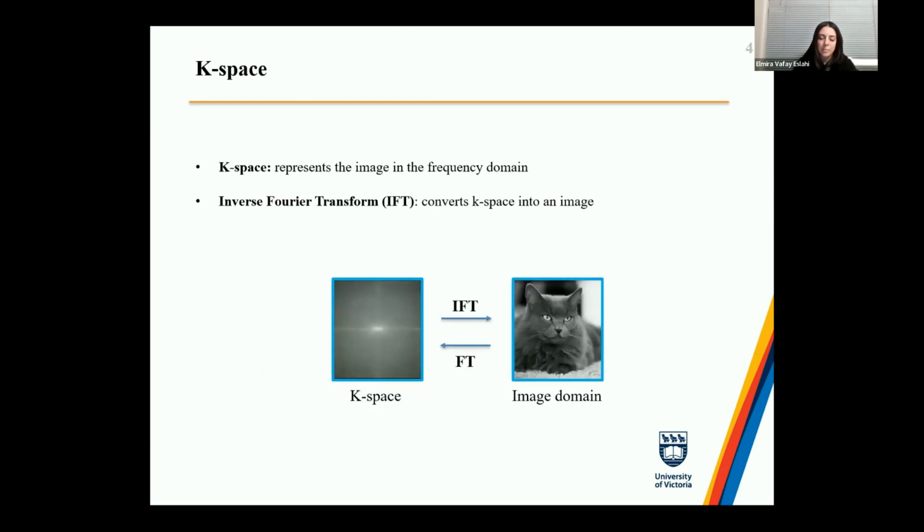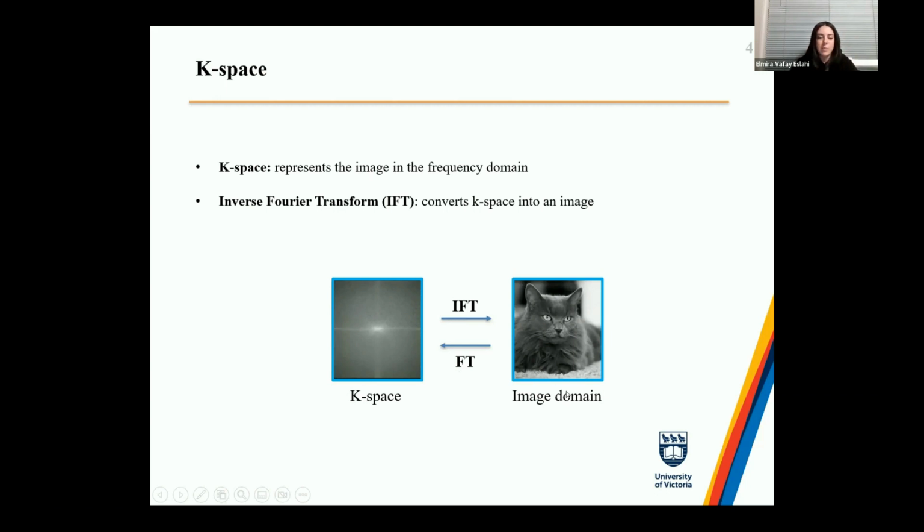So first of all, it's important to know about K-space and then continue. Why do we need to know about K-space? Because MRI produces images in K-space, or we can say in the frequency domain. As you can see here, these two images are the same image, but the left one is in K-space or frequency domain, and the right one is in image domain.